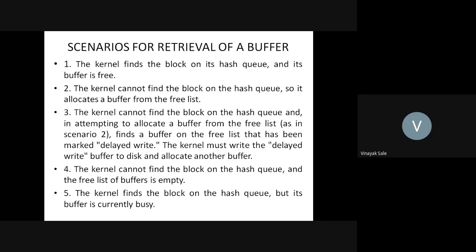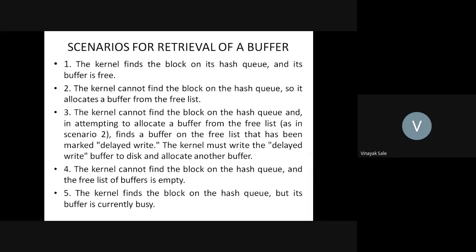Second, the kernel cannot find the block on the hash queue, so it allocates a buffer from the free list.